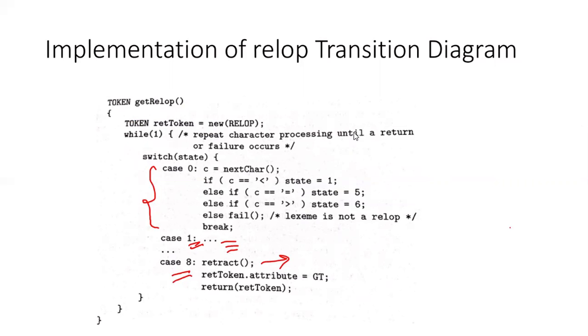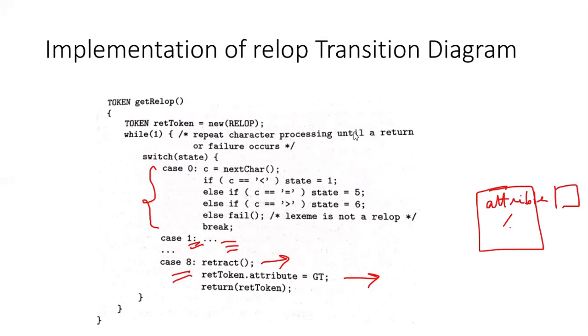And what is returned? Ret token means the token that is to be returned. You can think of this ret token to be something like a structure. Or if you have done object oriented programming, you think of it as a class. It has a member called attribute.